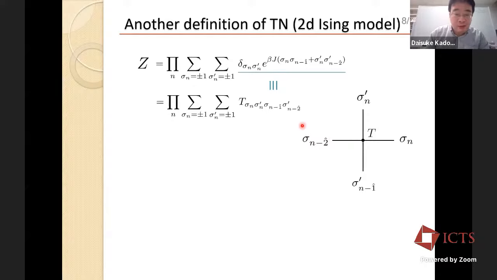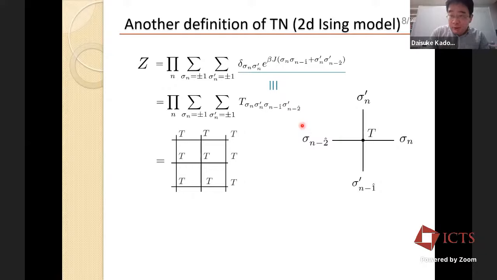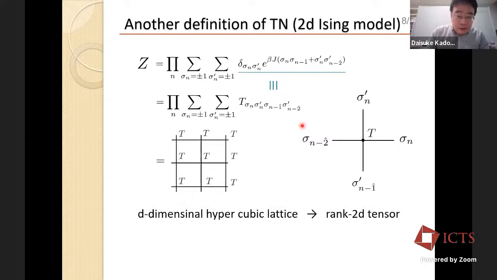So from these 2 examples, we found that the tensor of lattice theory on D-dimensional hypercubic lattice is rank 2D tensor because 2D links are emanated from a site in D-dimensional hypercubic lattice, and links correspond to the index of the tensor, so that the rank 2D tensor appears in D-dimensional hypercubic lattice.